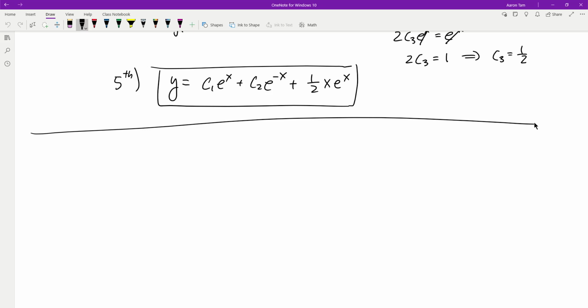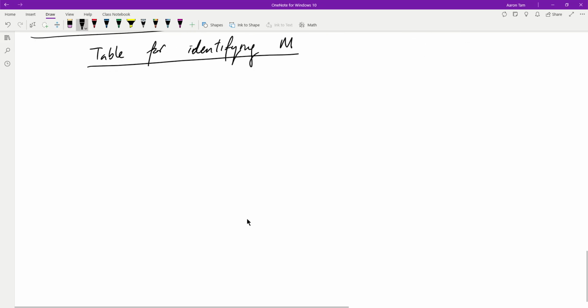Now, as I mentioned to you, the most important part about doing this process is to identify the correct linear operator M. So how about I give you a table so that we can use it. A table for identifying the correct linear operator M based on the function f.